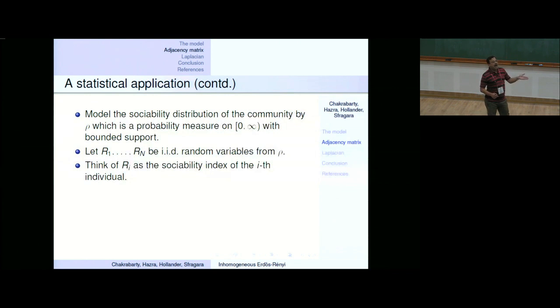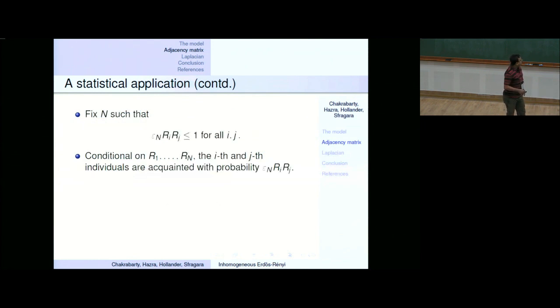A high Ri means that individual is more sociable, and a low one means the individual is less sociable. So somehow, whether individuals i and j are acquainted should depend on the index of both i and j. And one way of doing that is, it's on my next slide.